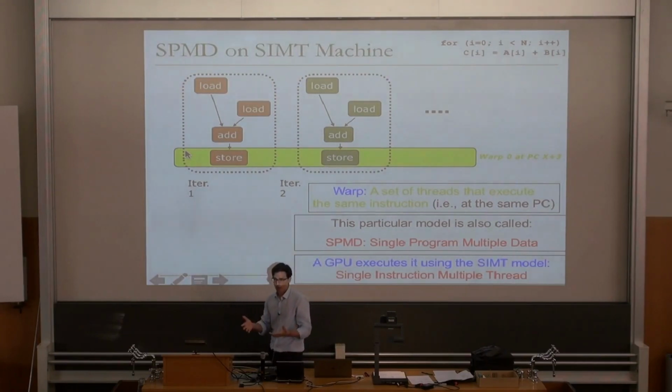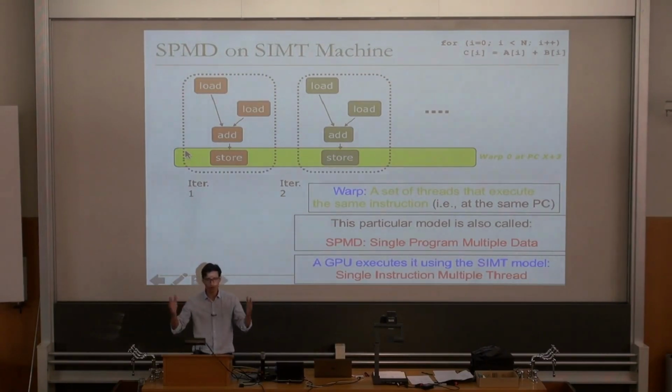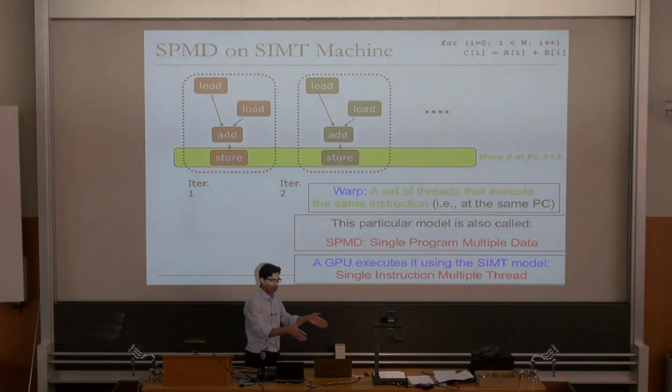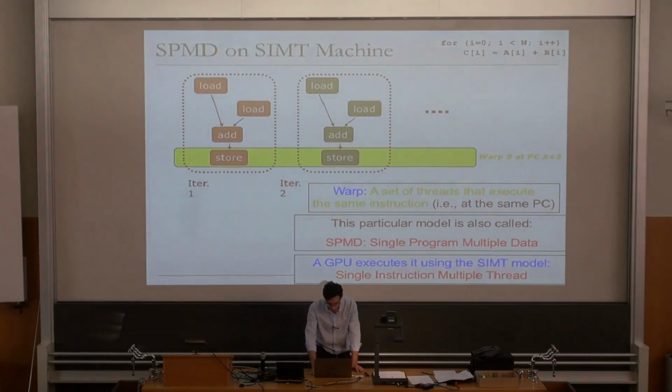So what we do as programmers is defining threads, assigning each of the iterations to the different threads, and then the hardware is going to take groups of these threads, for example, 32 of these threads, put them together in something called the warp, and they are going to be executed on the SIMD processor.